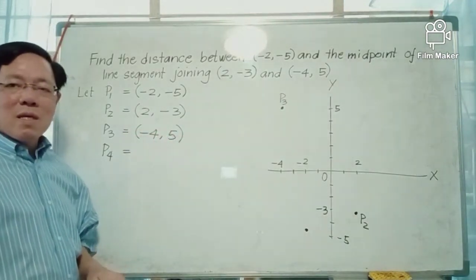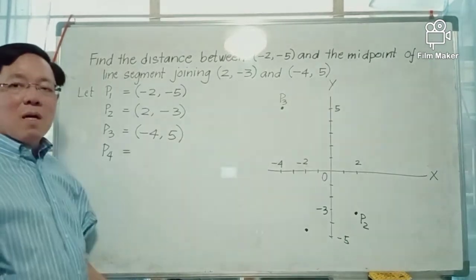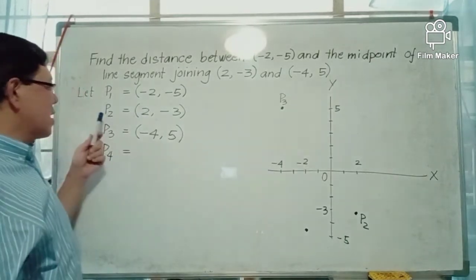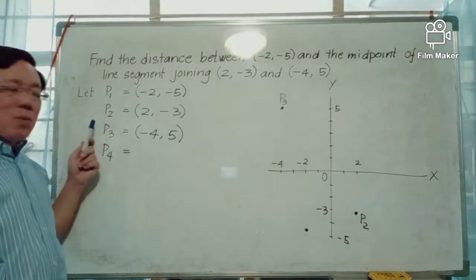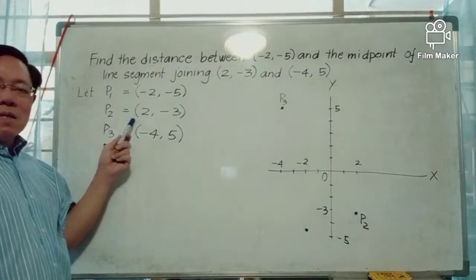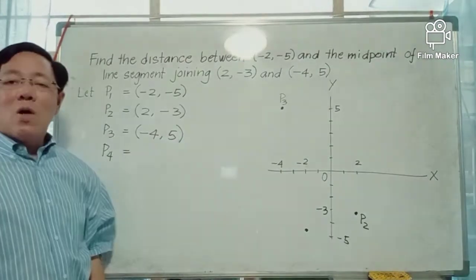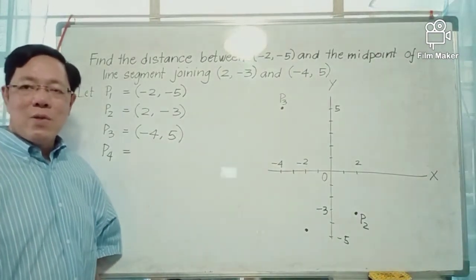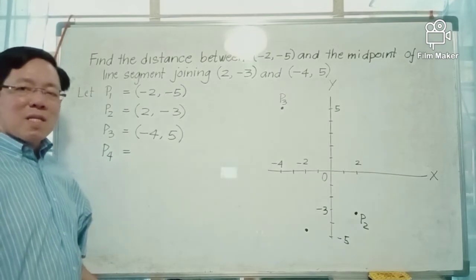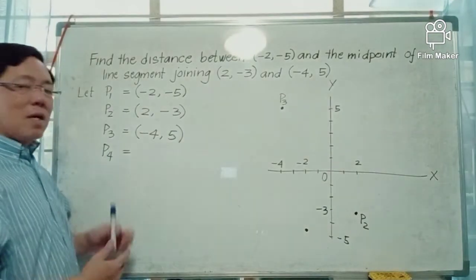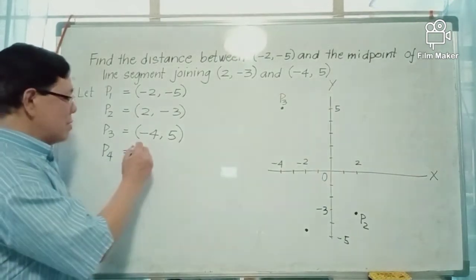And we let P4 be the midpoint of the line segment with endpoints P2 and P3. Since the coordinates of the midpoint are unknown, we represent the coordinates of the midpoint P4 by x and y.